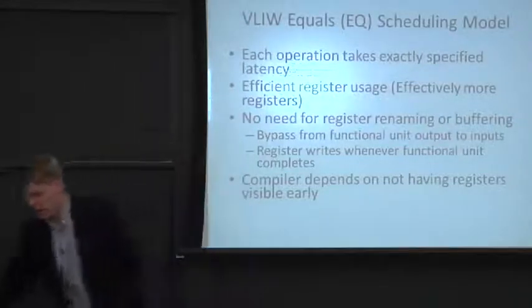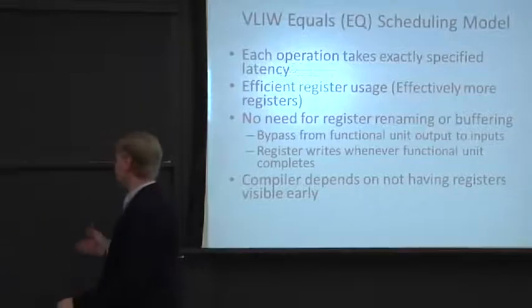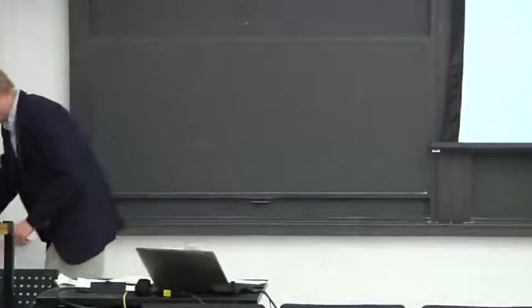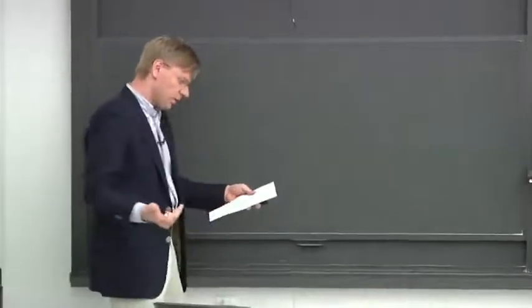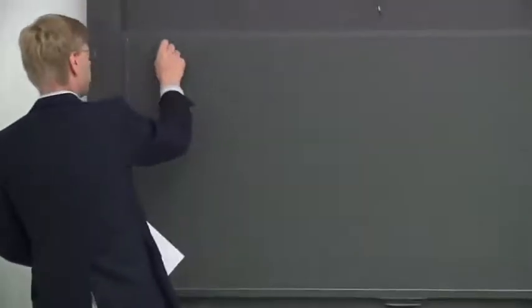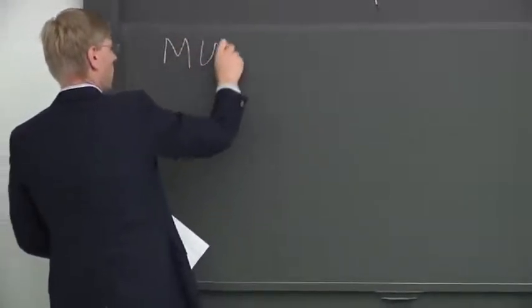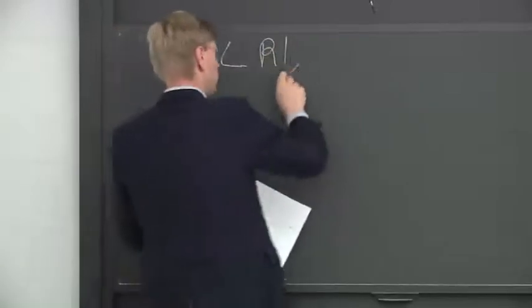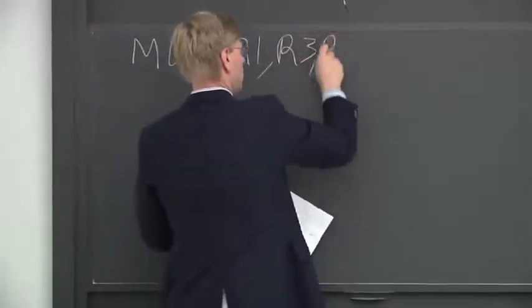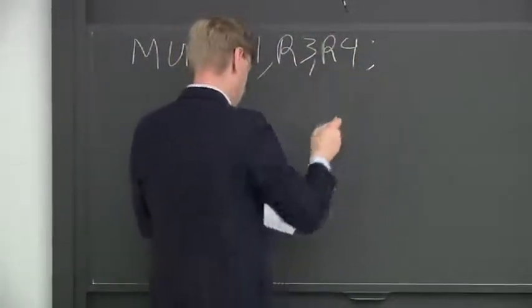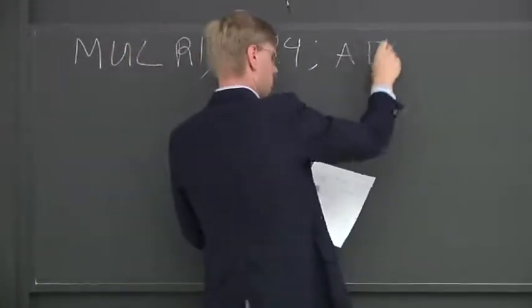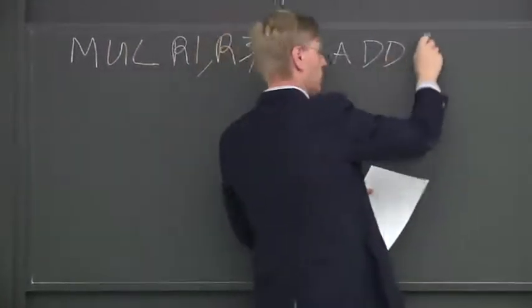So as a quick code example, we can take a look at a bundle of instructions. Let's say you have something like a multiply R1, R3, R4, and in the same bundle, or in the same VLIW instruction, we have some other random thing here.